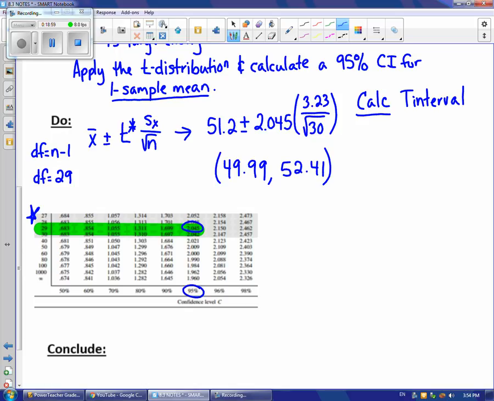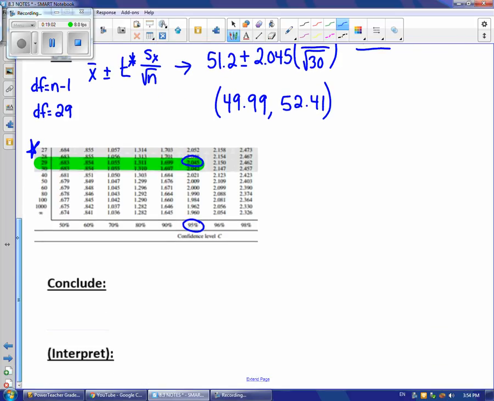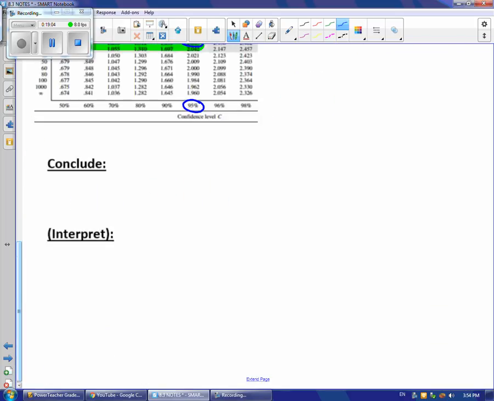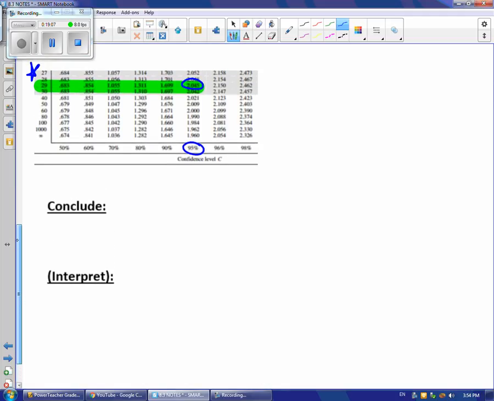Okay, so now that I have my confidence interval, I can say my conclusion. So what did we find?